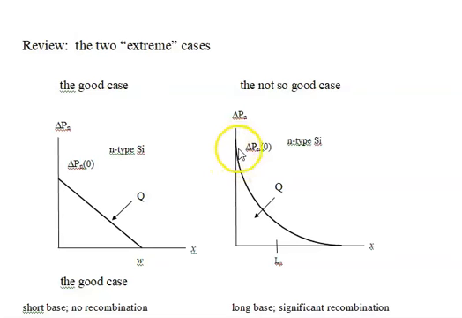The not-so-good case, and that's the understatement of the year, this is really a lousy case, because what we have is a reasonably high variation of excess carrier concentration at the point where the depletion region contacts the quasi-neutral region. This is where x equals 0.